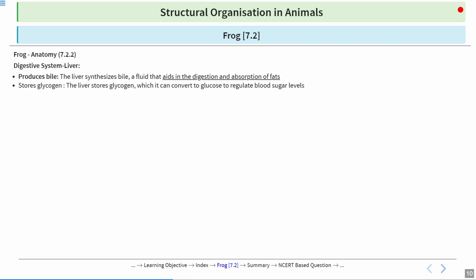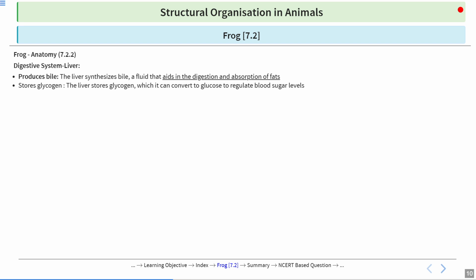One more thing, if the liver is not working, yes, there will be no emulsification of fat, right? There is no emulsification of fat if the liver is not working properly, if there is no bile juice. So this bile juice is very, very important for the emulsification of fat.